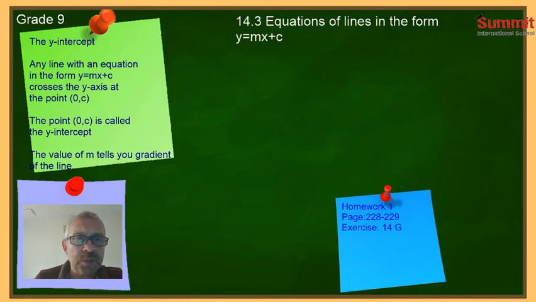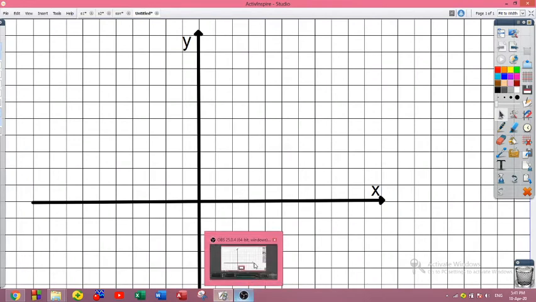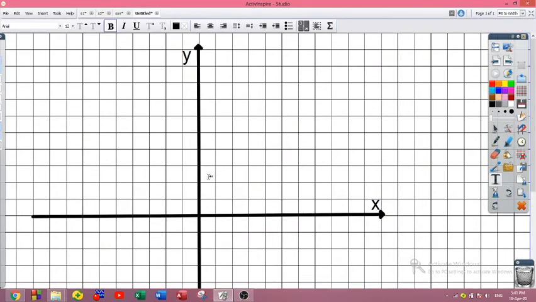The value of m tells us the gradient of the line. Now let's see this on the coordinate system. Let's say a point is here, (0, c).